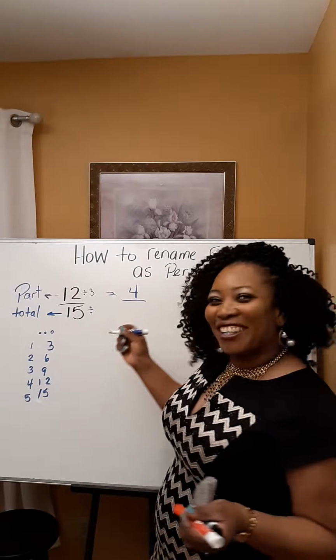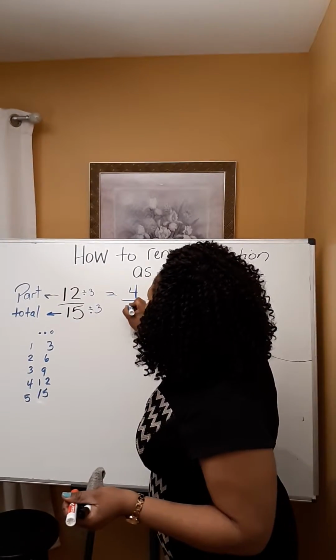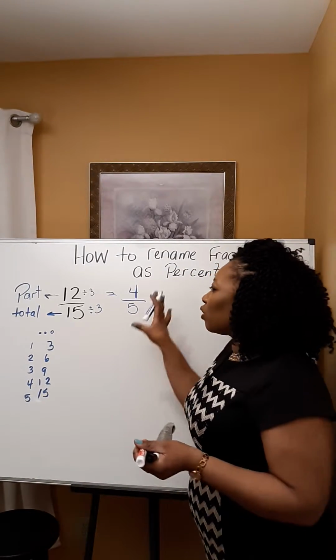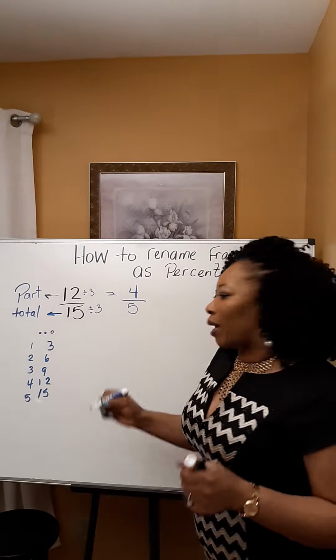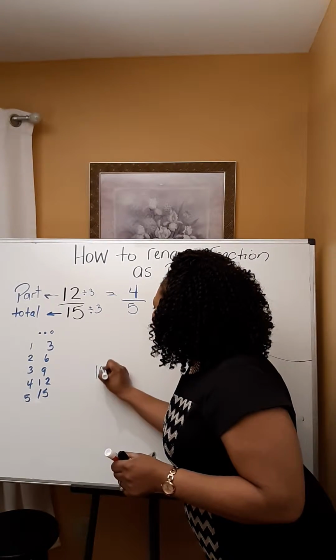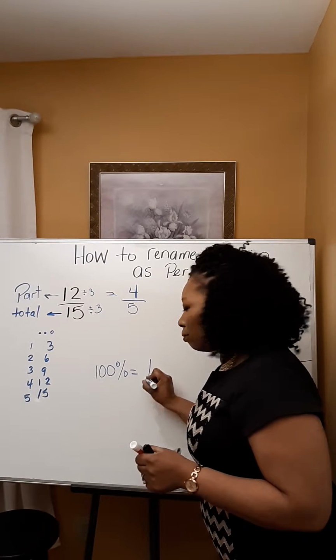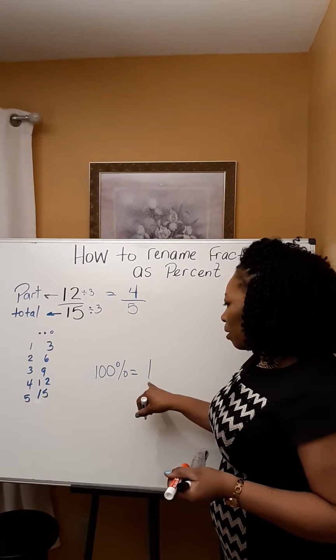So let's get started. 15 divided by 3 is going to equal 5. So now I have 4/5. And now I'm going to do the conversion. Before I get started, I want to remind you that 100% is equivalent to 1 whole when you write it as a decimal.